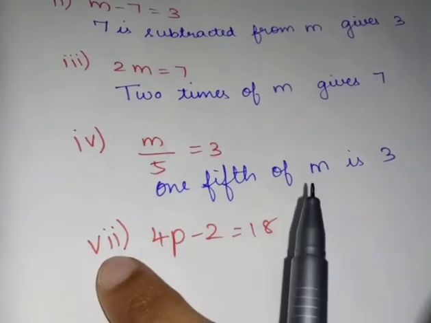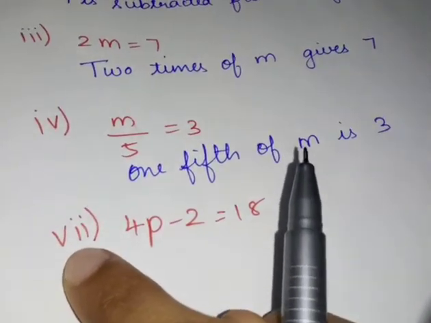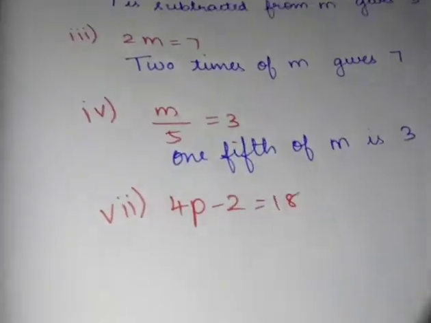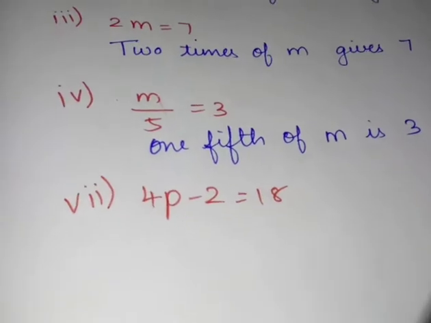Next, I am giving your 5th and 6th question as homework. 7th question: 4P minus 2 equal to 18.